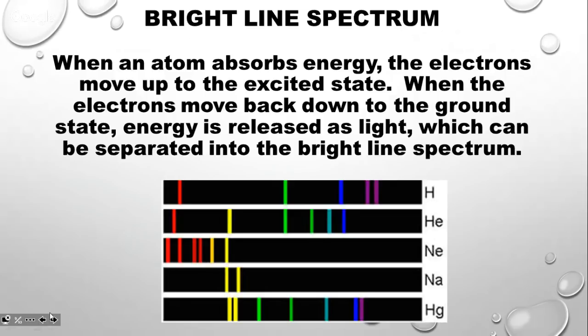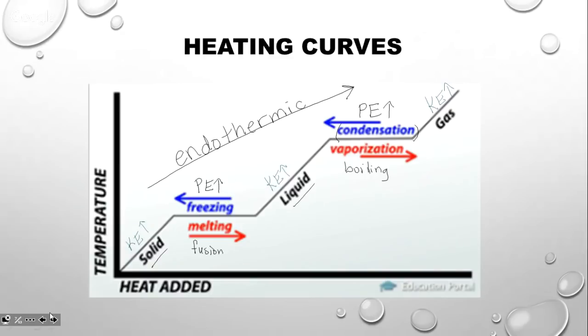Okay, sorry, I have a question to go back to the heating curve. It was asked about which part of the endothermic graph do potential energy and kinetic energy remain the same. So only one type of energy changes at a time. So when the kinetic energy is going up, potential energy is remaining the same. So when the temperature is changing, nothing's happening to the potential energy.